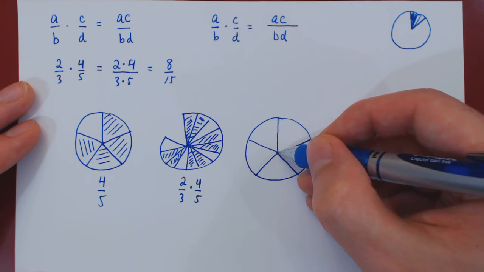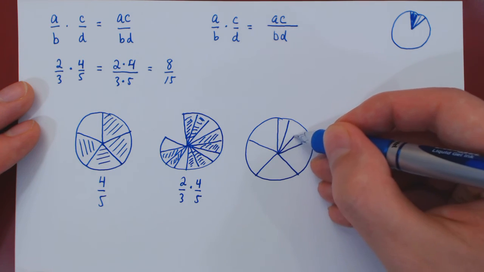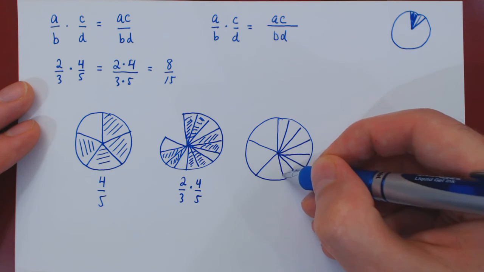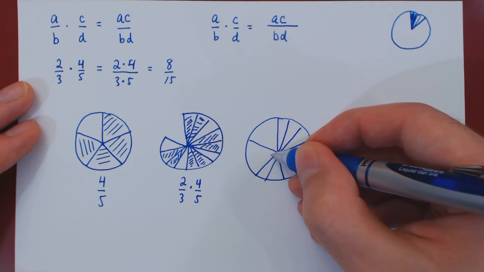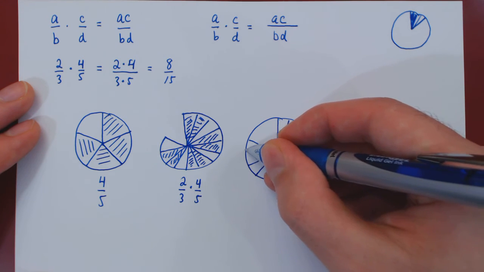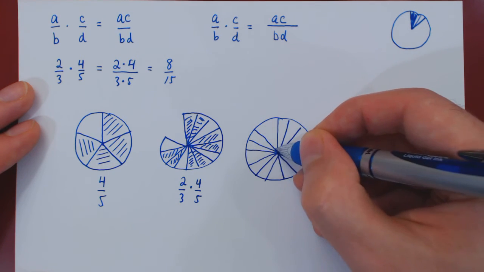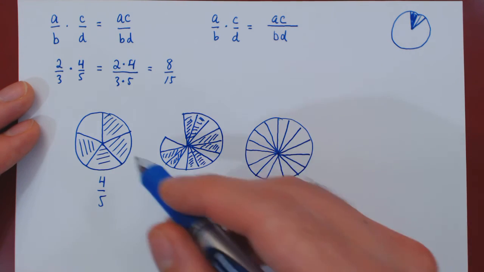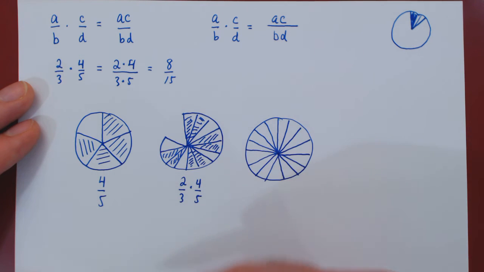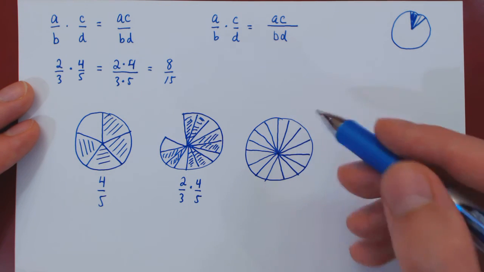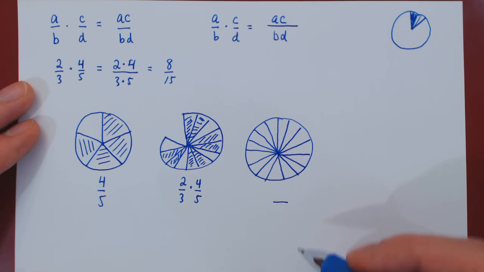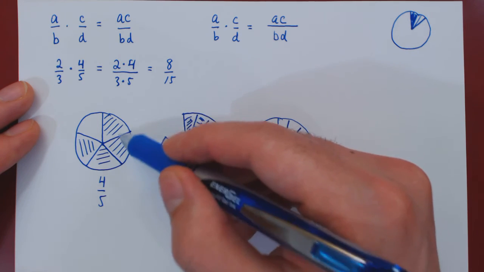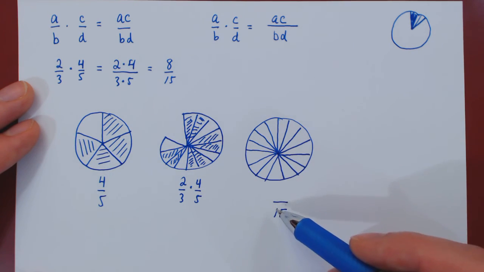Let's divide now each part into 3 parts of equal size. And now we ask, how many pieces do we have in total? Well, we had 5 original parts, and we then split each one into 3 parts. That gives us a total of 15 parts: 5 times 3 parts for each, total number of 15 parts.